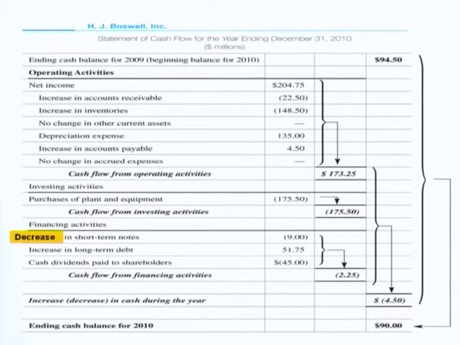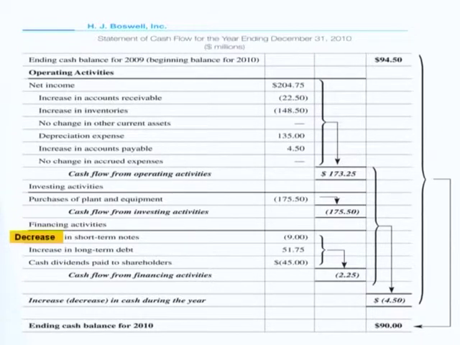Start out from the beginning cash balance of 94.5, with 3 activities. The first one, operating activity, starts out from net income from the income statement. And then you see the next line, increase in accounts receivable, means the use of cash. Increase in inventory, use of cash.